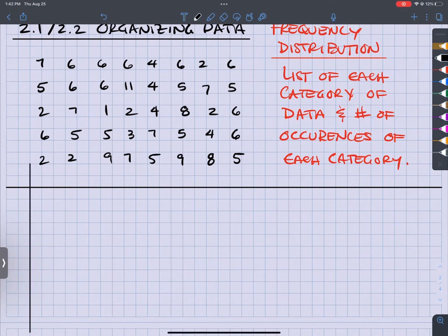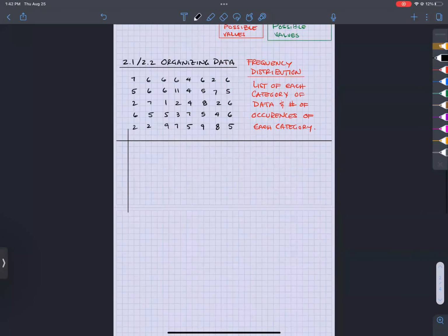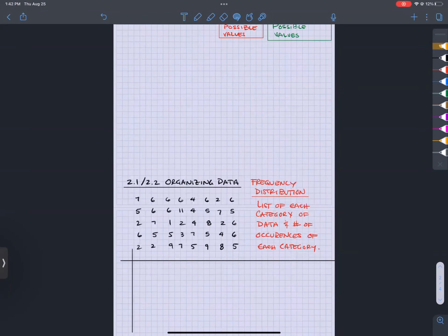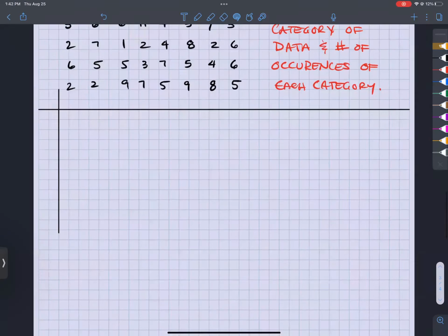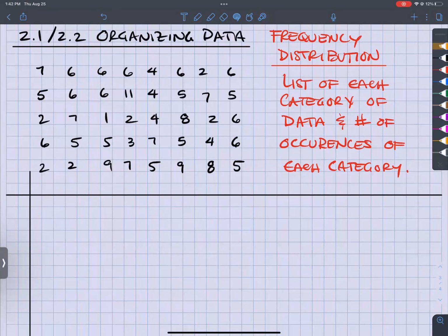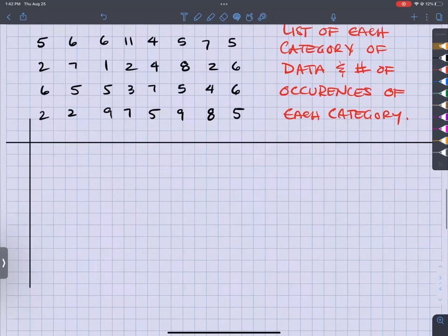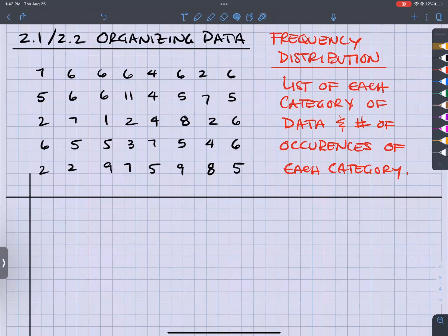So there's a couple ways I can deal with this. You guys can stay exactly where you are at. A couple of things I could do, right? As I look at the data, I can see that everything's going from 1 to 11. Is that right?